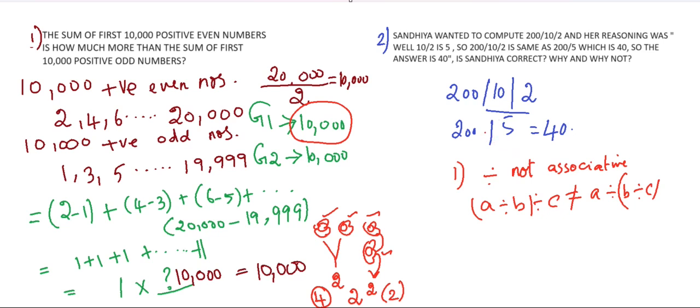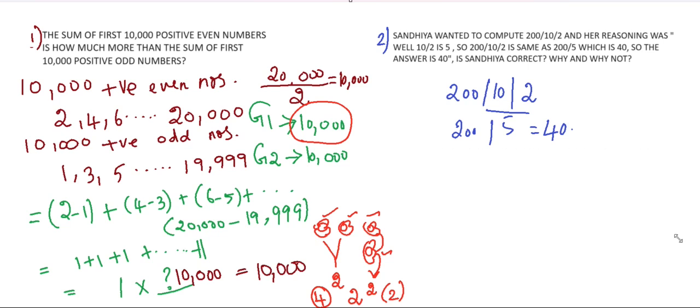Number 2, whenever you have divisions, you need to compute from left to right. So what is the answer now? You have 200 divided by 10 divided by 2.